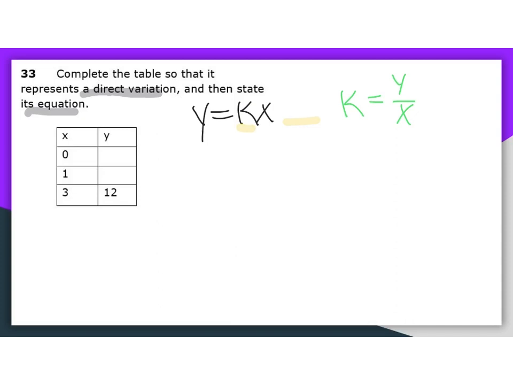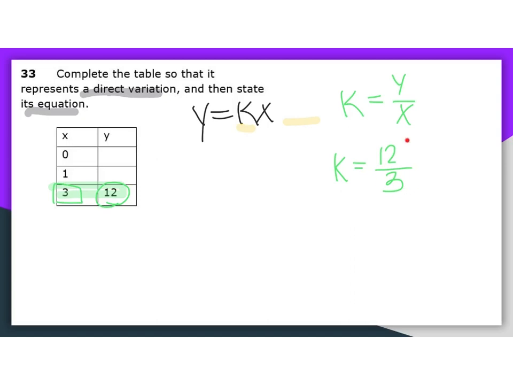So we come over and we take a look at our table and we see we do have an x and a y value that we can use. So I'm going to go ahead and take my 12, which is the y value, and put it in the numerator. And then put my 3, which is the x value, and put it in the denominator. And then we can simplify or reduce this fraction.